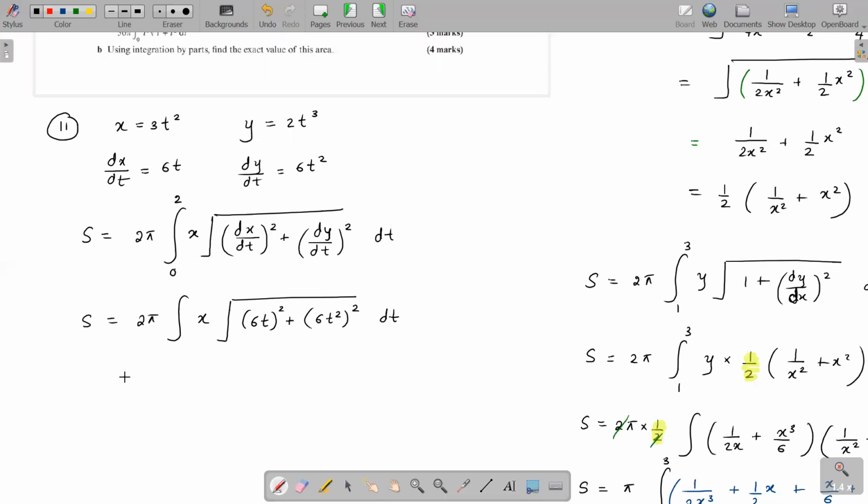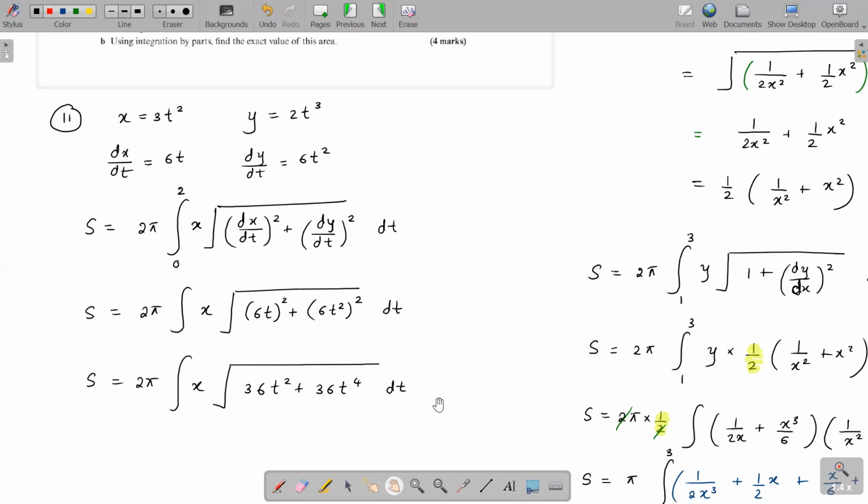So what do I get here? 36t square plus 36t to the power 4 with respect to t.